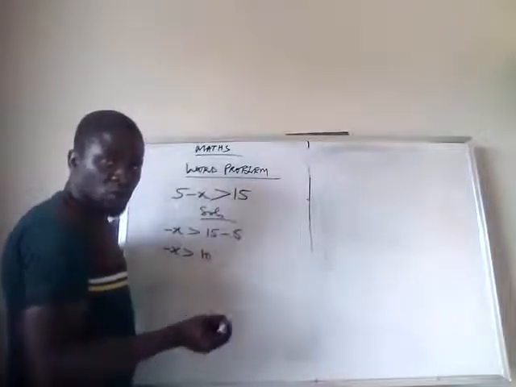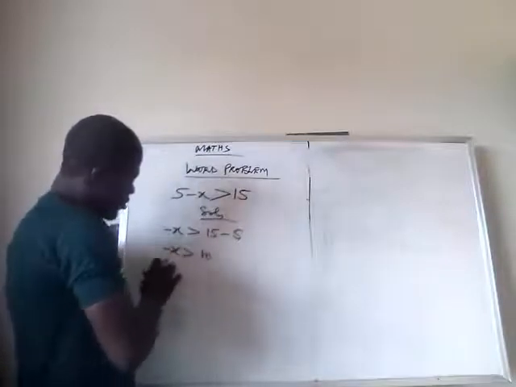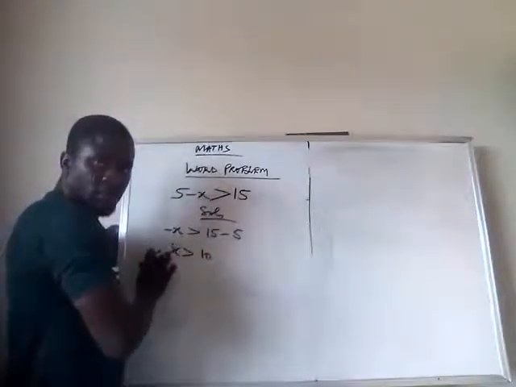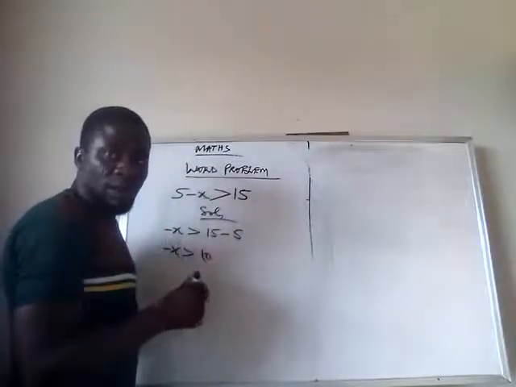What are you going to do? The only thing you are going to do is to find the way to remove this minus with x. So you multiply both sides by minus 1.